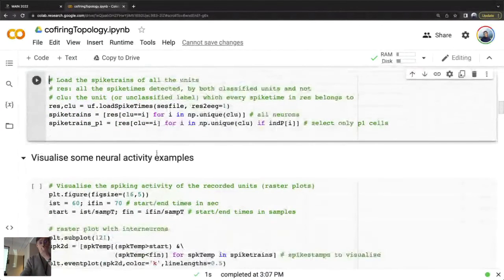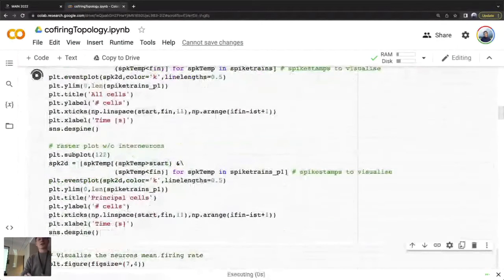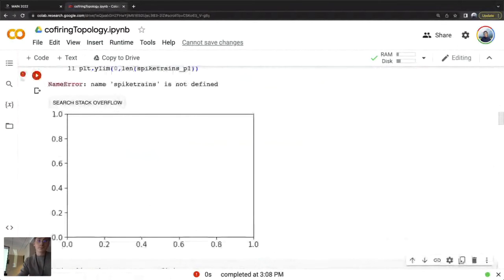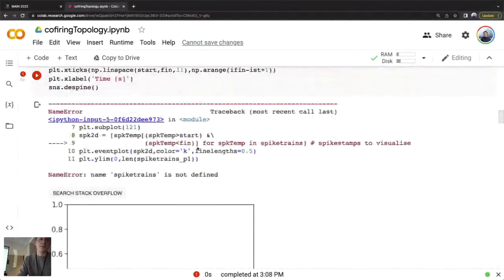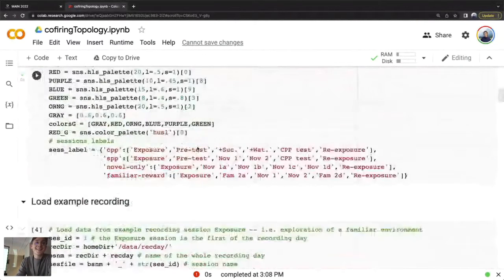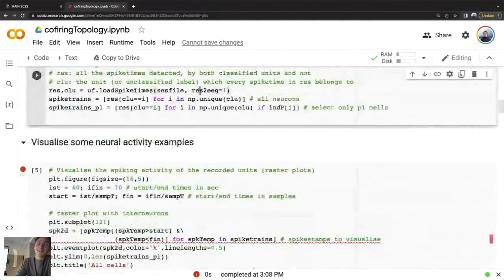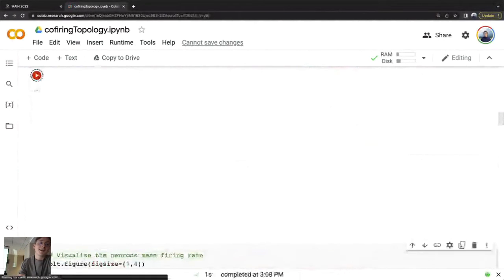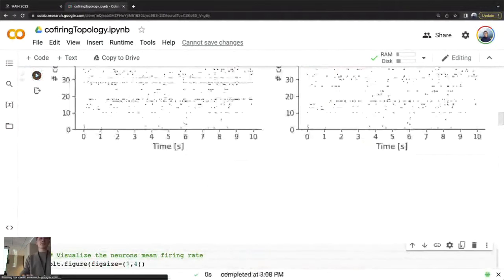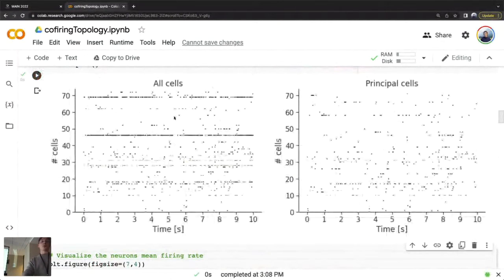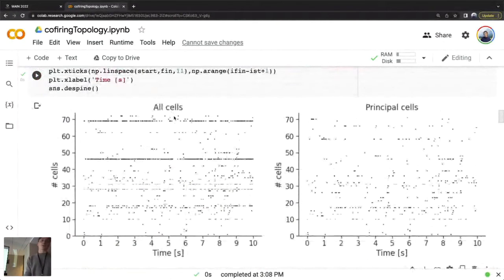Now, what I'm simply showing you here, oh yeah, I didn't run it. Perfect. Okay. Basically, simply some raster plots. And I want to show you what interneurons look like as well. So here I'm just showing you 10 seconds of activity.